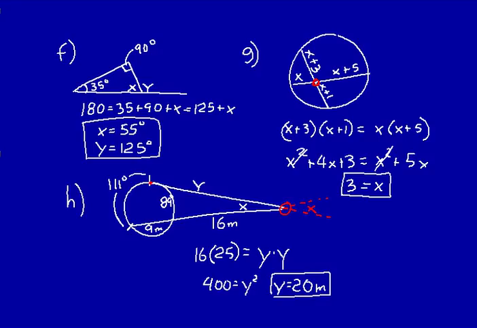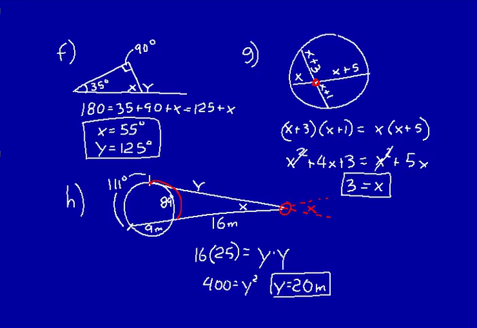Now the angle x, we need to find that. And remember, on a problem like this where you have line segments that intersect outside the circle, that vertical angle there is equal to half the difference in the arcs that it intercepts. So look closely here now. This 89-degree angle, basically that's the arc from here to there.